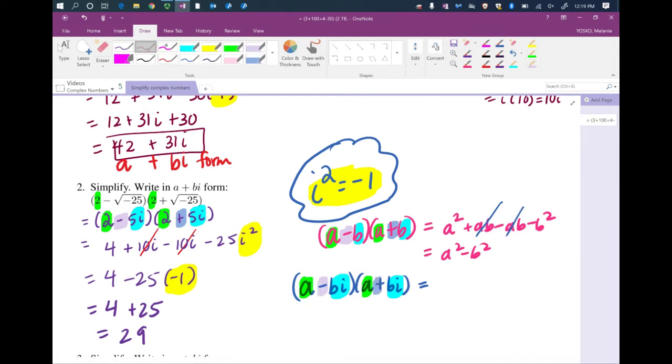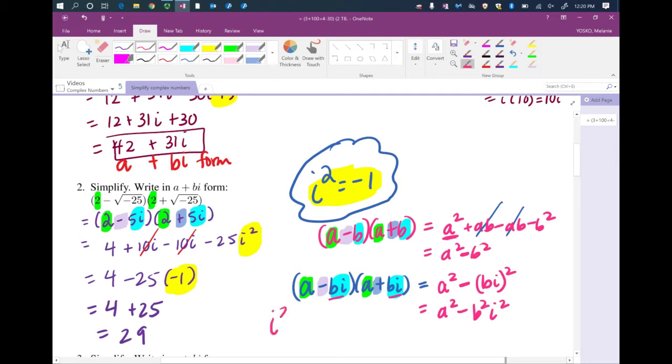So all we have to do is square the front, because that's what happened here, right? So the front term are both a's, so a squared. And then we put a minus sign, and we square the back. Well, bi is the back term, so bi squared. So we get a squared minus b squared i squared.